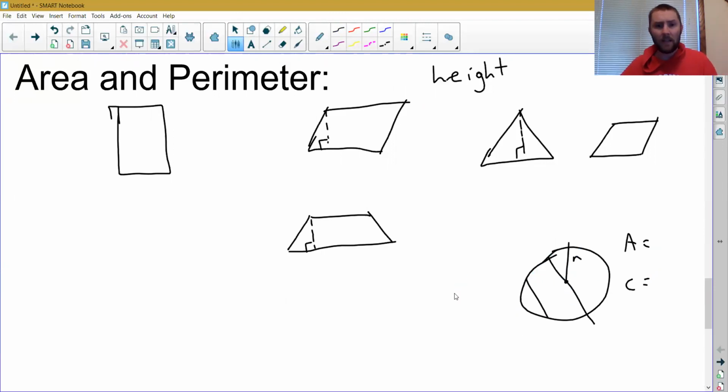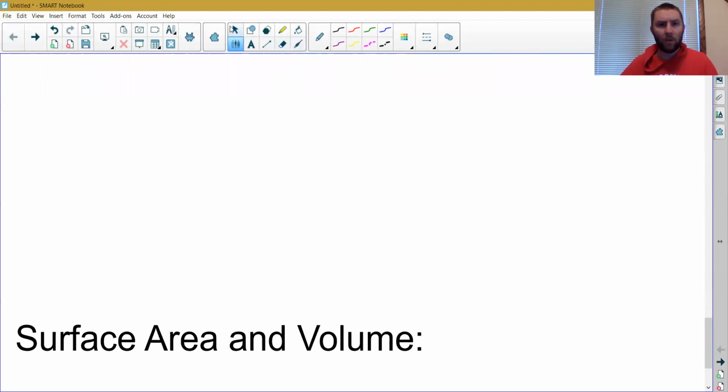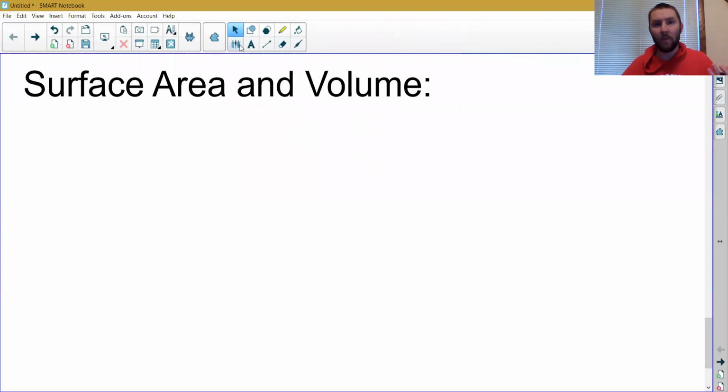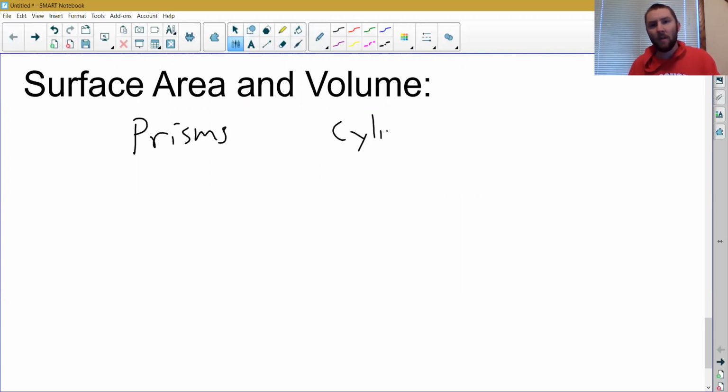Okay, and then the last thing that we talked about was surface area and volume, and that's sort of what we are just finishing up. It's what we just did this week. We talked about surface area and volume, and we looked at formulas for those 5 different shapes, right? We had rectangular prisms, we had cylinders, we had pyramids, specifically rectangular pyramids with rectangles on the bottom.